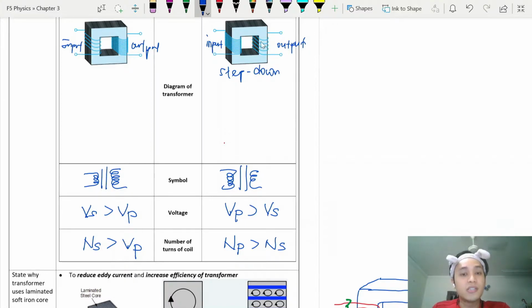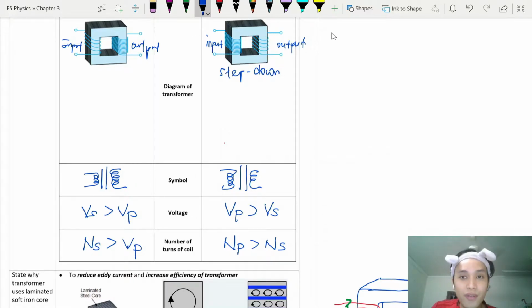Can this be changed into a step up transformer? You need to understand that a transformer can be made into up or down depending on where I put my input and output. One transformer, I can make it into up, I can also make it into down. I don't need two different transformers, only one to make it step up or step down.